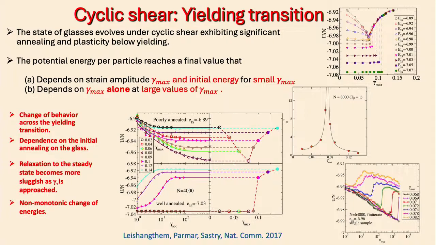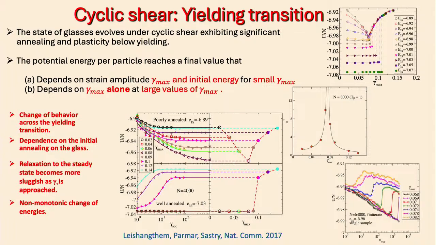So the change in the properties of the system is non-monotonic in this very interesting way. There is initial mechanically induced annealing followed by failure, and one of the key questions to understand is why the process of making a better glass leads to failure eventually.